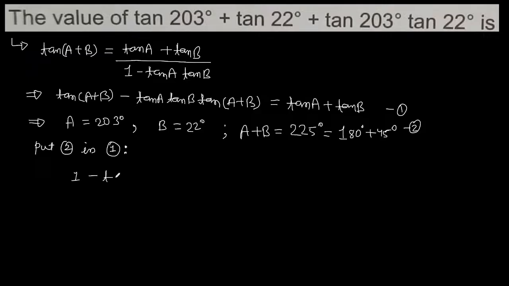So it is tan 180 plus 45, which is 1. And we have tan A tan B, this is also 1.